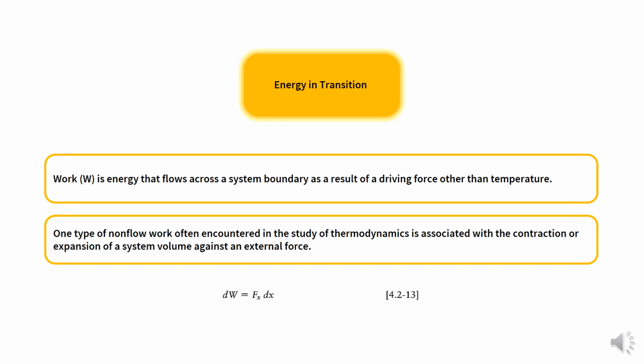And the differential work on the system, or dW, is written as in the slide, where dx is the differential distance or displacement, and the force Fx and the displacement dx are defined to be in the same direction.